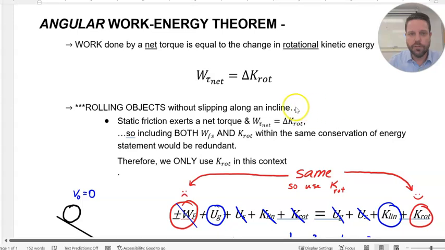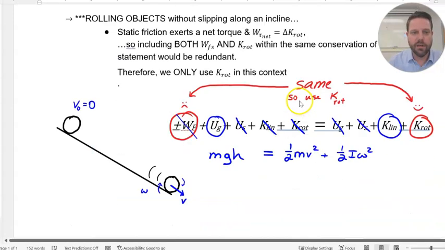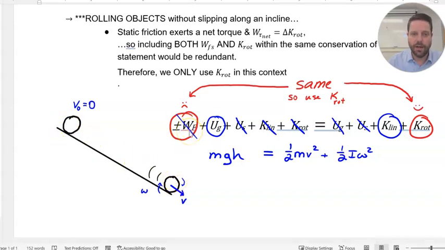If we look a little bit more closely at the work energy theorem in its angular version, then the work done by the net torque, as we said, is equal to delta k rotational. And one thing of particular note here that students often mess up is with rolling objects. So an object rolling down an incline, is there work being done by friction or not?